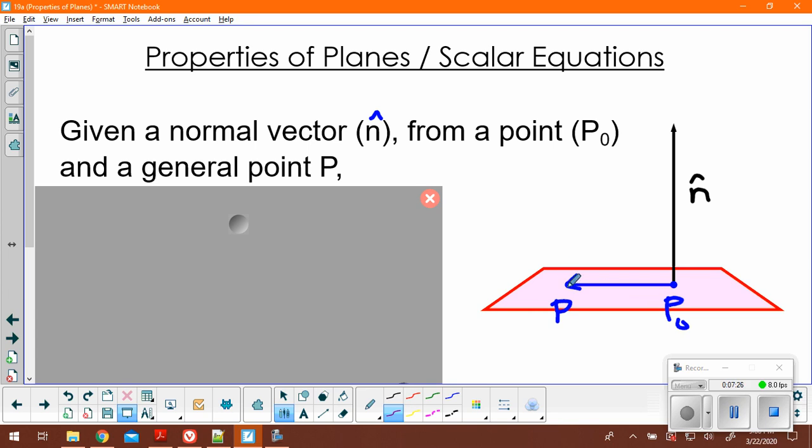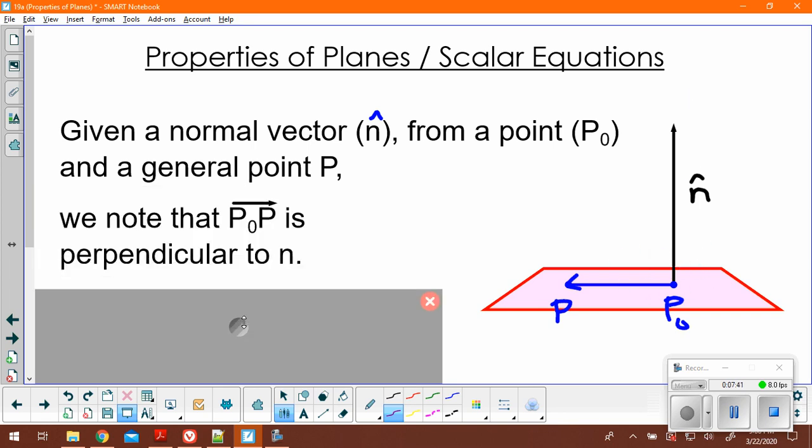It doesn't matter where P is. This new vector here is going to be perpendicular to the normal vector, by definition of normal. Normal is perpendicular to everything on the plane, so any vector in the plane is perpendicular to it. So we note that the vector running from P naught to P is perpendicular to our normal vector.